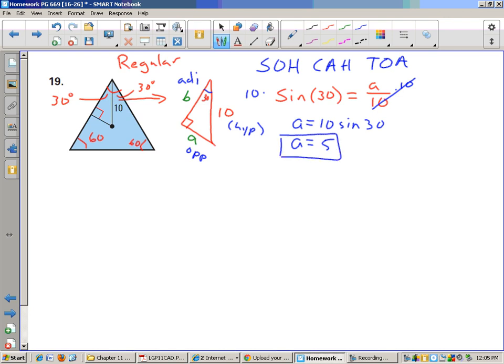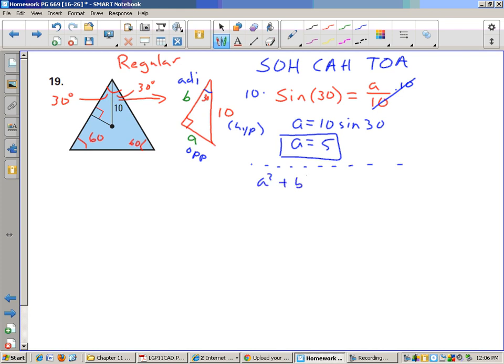Okay? What could I use to figure out B? You could use Pythagoras Theorem. You could also use cosine, or you could use tangent, now that you know A is 5. Okay? Either way gets you the answer. So let's use Pythagoras Theorem.